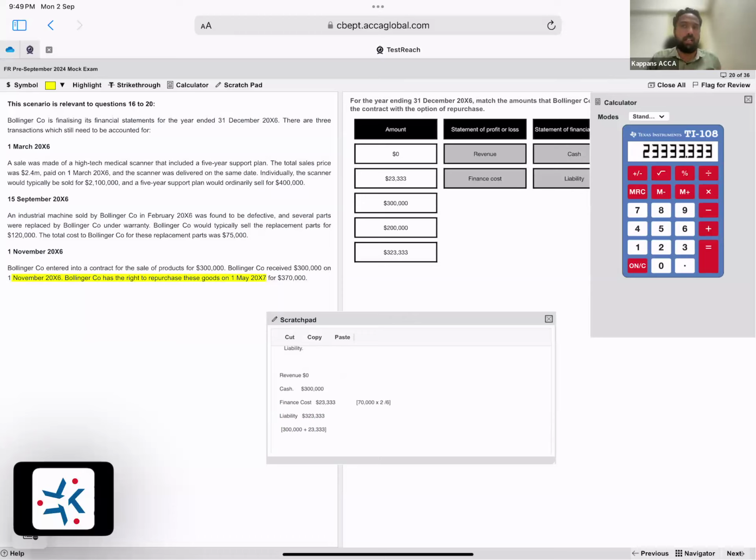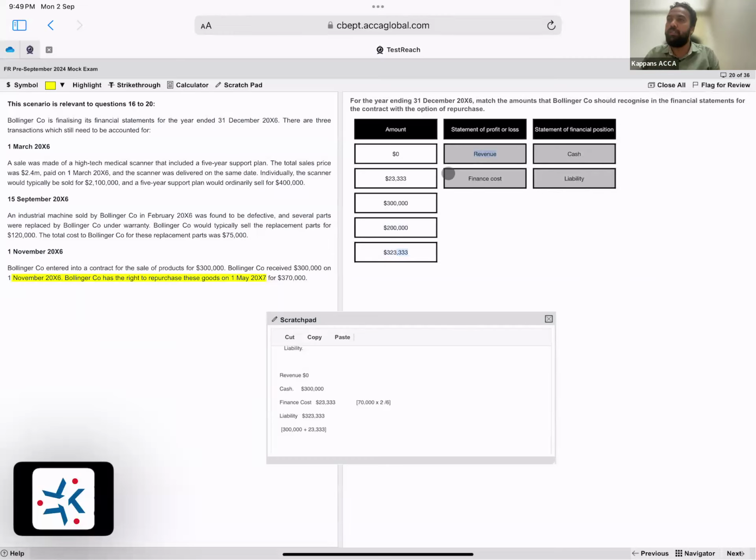Cash received is 300,000. Finance cost: the 70,000 is from 1st November to 1st May, 6 months, so 70,000 into 2 by 6, finance cost 23,333, and liability will be the cash received plus the finance cost, 323,333. So you'll have to drag and drop these to the correct figures, revenue zero, etc.